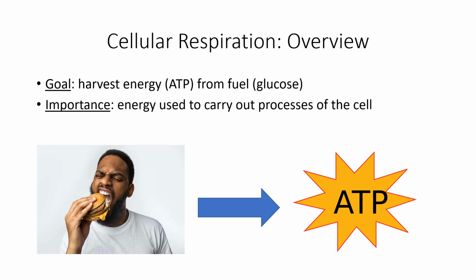So the gentleman eating the burger, that is where we're getting that fuel or glucose, and we're turning that into ATP or energy. The importance of cellular respiration overall is to carry out all the processes of the cell using that energy that we extract from that fuel that we take into our bodies.